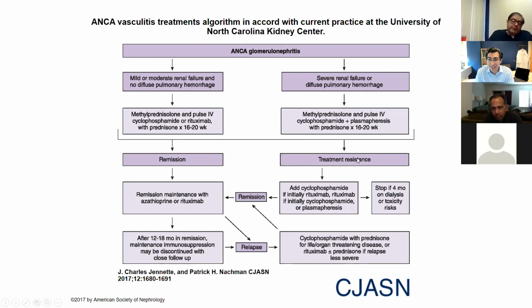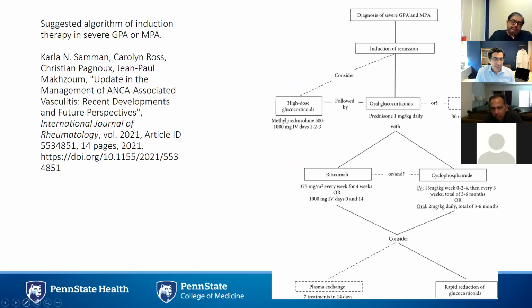So then treatment resistance, if you see that, then if initially you use rituximab, add cyclophosphamide, and vice versa. And I think they use it for 4 months to achieve the remission. And if somebody has a relapse, then everything was an open game. So the recent, I think this was just published very recently in a rheumatology journal.